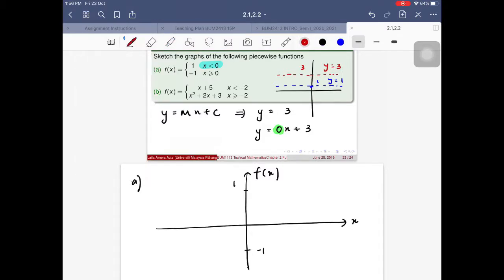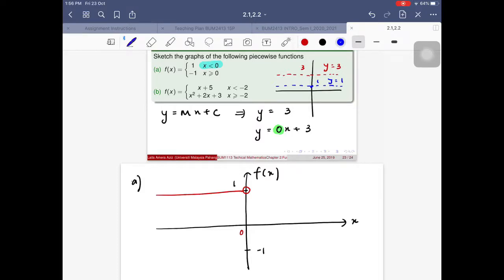No, 0 is not included, so I have to use the empty circle. So this is going to be my empty circle, and it's going to extend over here. This is going to be my graph of y equals 1. But we only start from here, because it should be the value when x is less than 0. And where is x less than 0? From here. And 0 is not included.